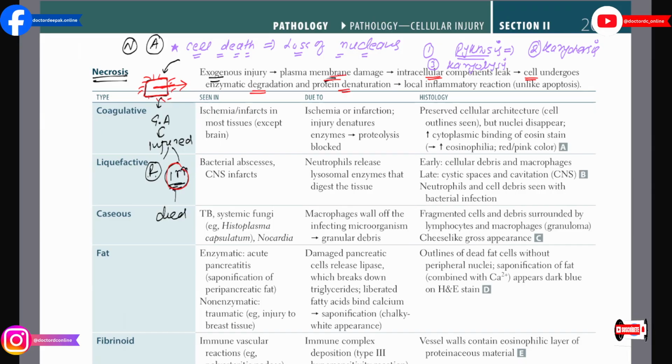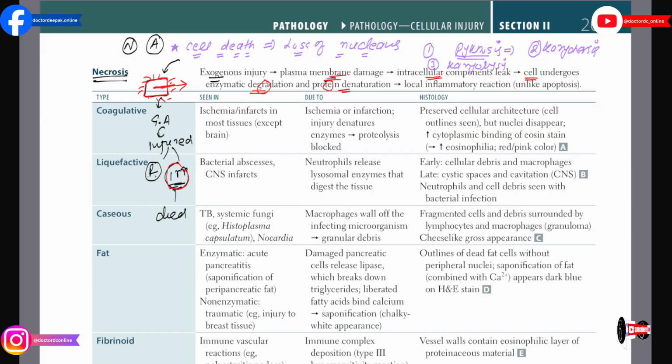As I told, there is some kind of stress, some kind of injury from outside. That injury will lead to plasma membrane damage. And when the plasma membrane gets damaged, the intracellular enzymes will come outside, and these enzymes will lead to degradation and protein denaturation of the cell.